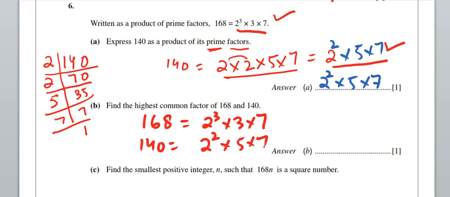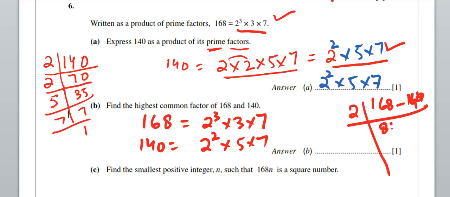Okay, first we do the normal method that you have done in your middle school. 168 and 140, if I use this method, then it will be 2 2 4s, then 2 7s, and then 2 42s, 2 35s, and then again 2.